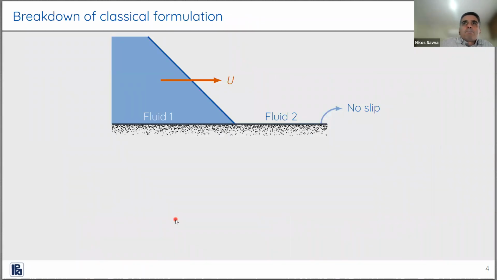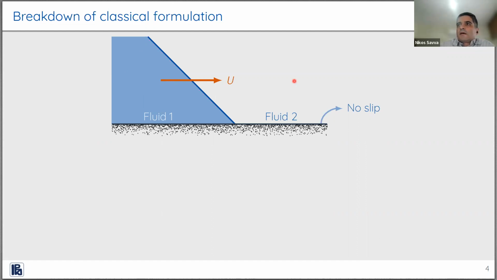Okay, so the reason why macro scale laws are inapplicable in the context of wetting phenomena can be seen with this simple thought experiment of having a liquid displacing. We have a fluid 1 and fluid 2, which are immiscible, and we have the first fluid moving with velocity v along the surface.